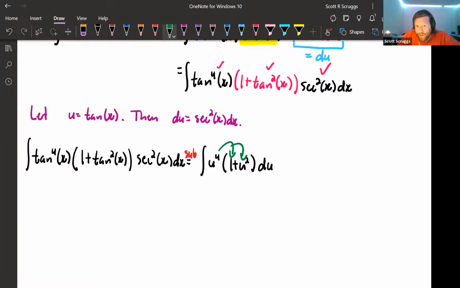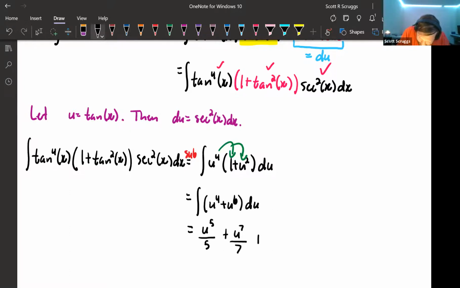Distribute that u to the 4th. I'll get u to the 4th plus u to the 6th. I'm going to use my power rule that says add 1 to the old exponent to give me a new exponent, then divide by the new exponent. u to the 5th over 5, plus u to the 7th over 7, plus c.